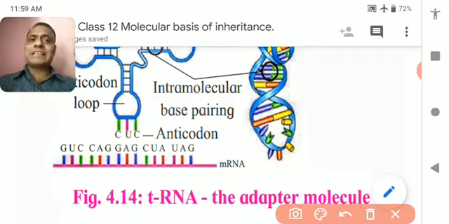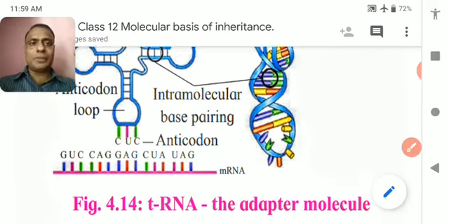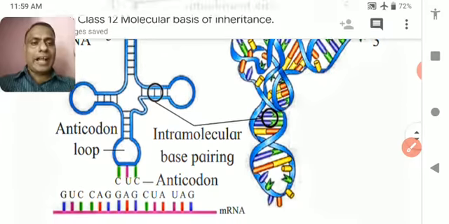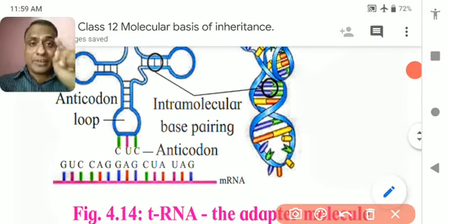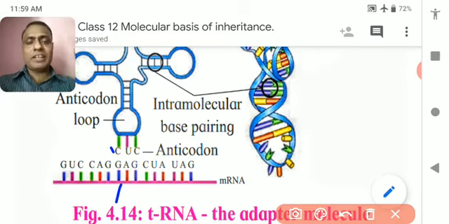Other loops are called secondary loops. So anticodon loop, see here, try to understand. It is G for guanine. Guanine will pair with cytosine. Similarly, A means adenine.